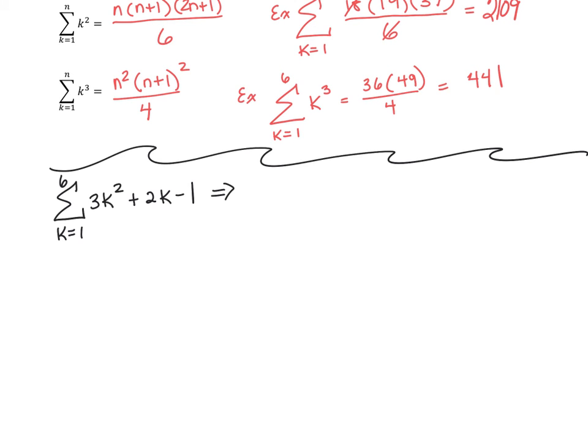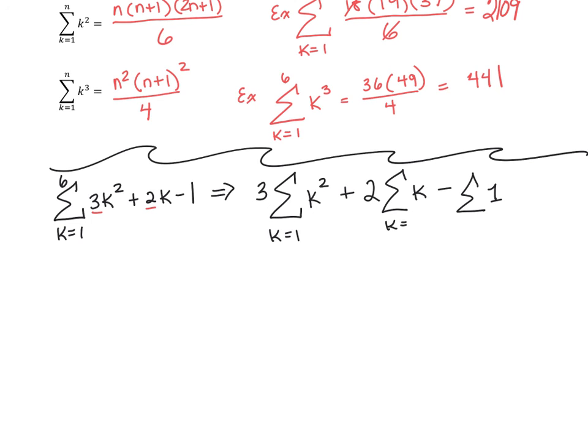We're going to start by saying I can pull these constants, the 3 and the 2, in front, and we're also going to use the fact that I can take the sum of each piece of this. So we will have 3 times the sum of the k squares, plus 2 times the sum of the k's, minus the sum of the 1's. And of course, these are all from k equals 1 to 6.